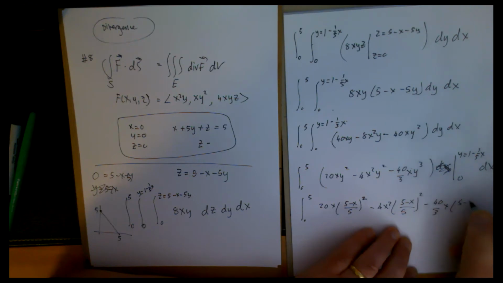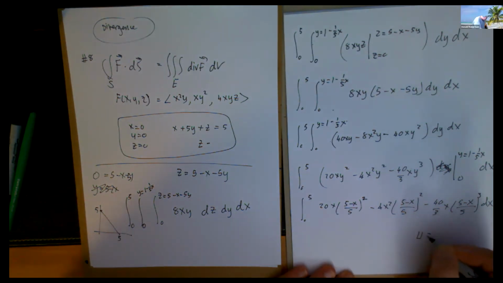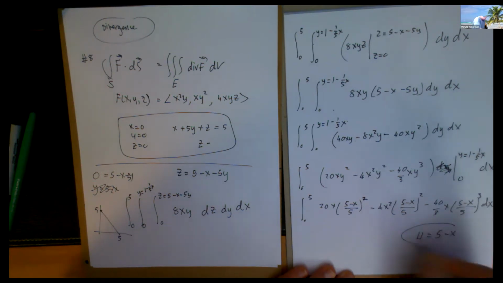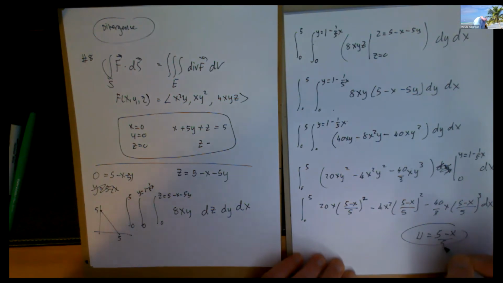Which is why I went dx first, then dy. There is a possibility here. I'm just thinking. I'm not going to do it, but I'm wondering if that u sub might actually make it a little bit easier to deal with.